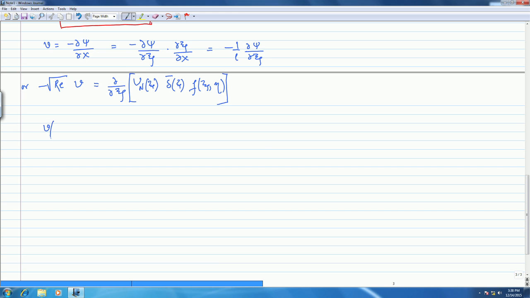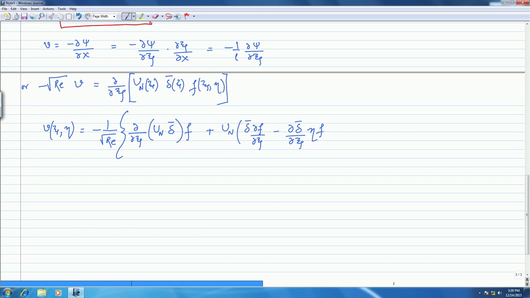So V, which is a function of zeta and eta, is equal to minus 1 by under root Re, del zeta of u_n delta bar into f, plus u_n, this is u_n, this is also u_n, delta bar del f del zeta minus del bar del zeta eta f dash.